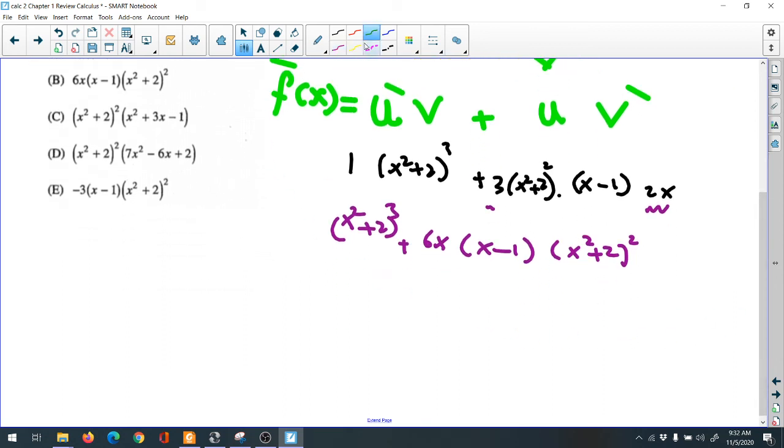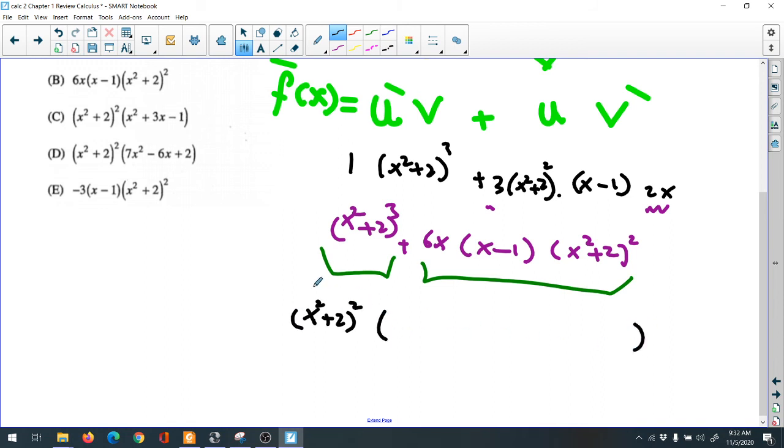Then from both quantities here, we have x squared plus 2 to the third, and here's x squared plus 2 to the second. I see that x squared plus 2 to the second is common. Let's take it out. Common.